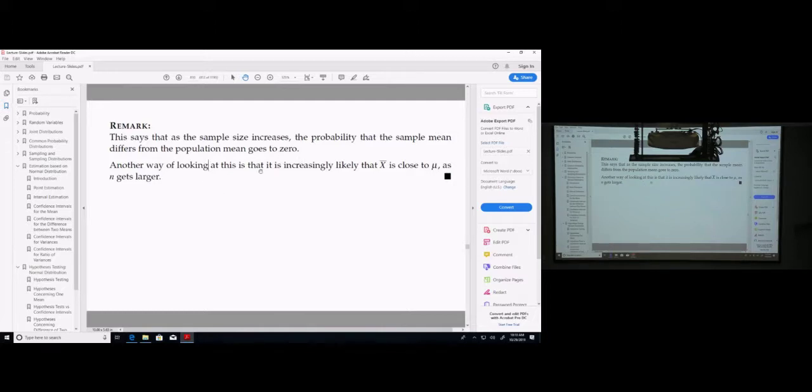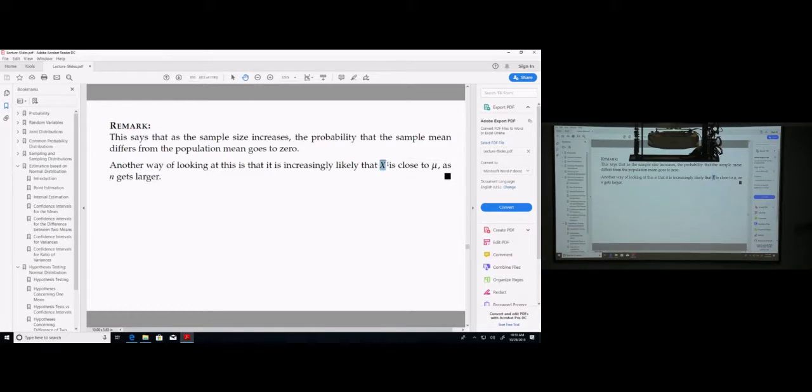So this is the main message of the previous slide. Another way of looking at this is that it is increasingly likely that the sample mean is getting closer and closer to the population mean. Now remember that the mean mu is not known to us, it is the population mean, and this is something that we are interested to find out. And to find out, what we do is we collect samples.